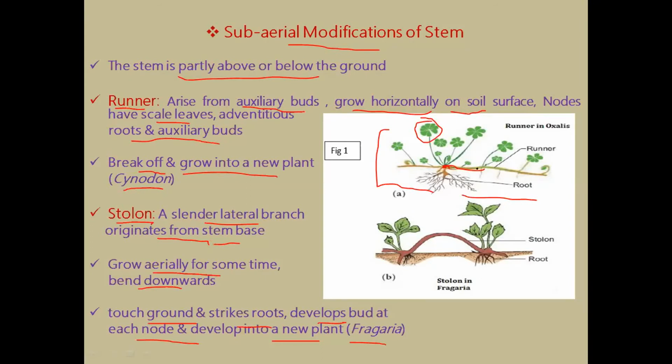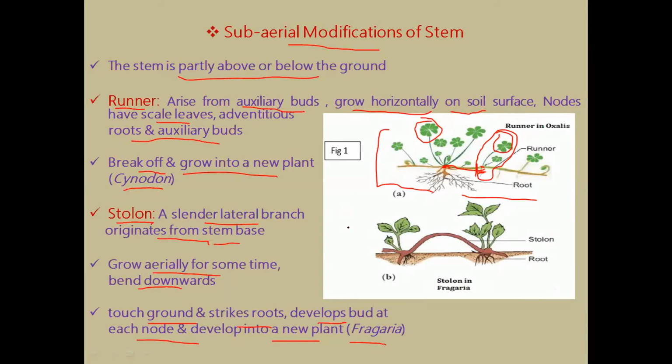Here, this is the node. The scale leaves arise. Also, it develops roots, adventitious roots, and after some time it breaks up and develops into a new plant. So this is how a runner looks.